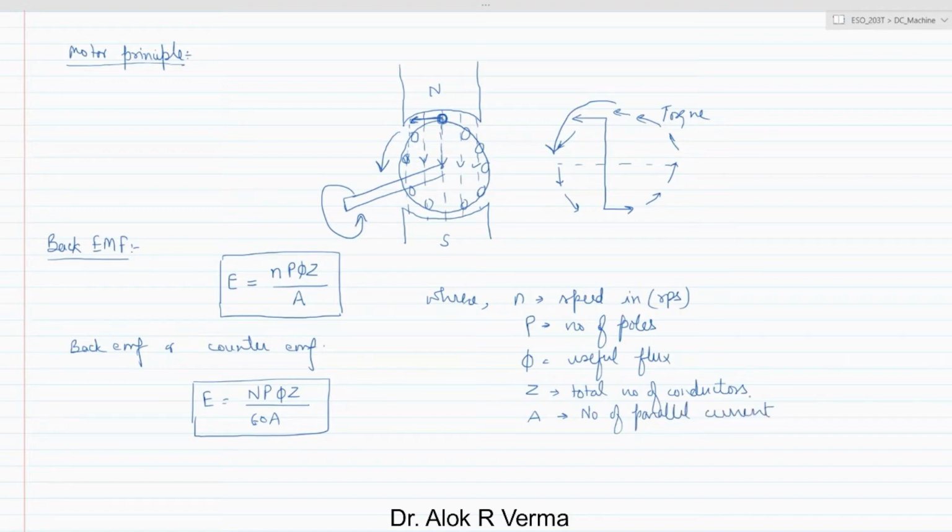And it depends upon what type of winding is being applied to the motor slots. When it is a lap winding, then A is equal to P, and when it is a wave winding, then A is equal to 2.